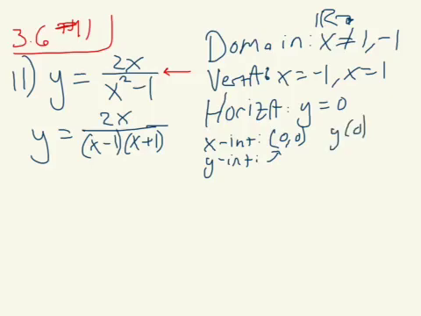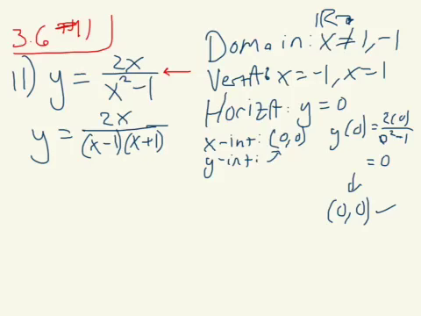First, the y-intercept is where you plug in 0 for x. That is 0 over negative 1, which is 0. So when x is 0, y turns out to be 0. That is our y-intercept.